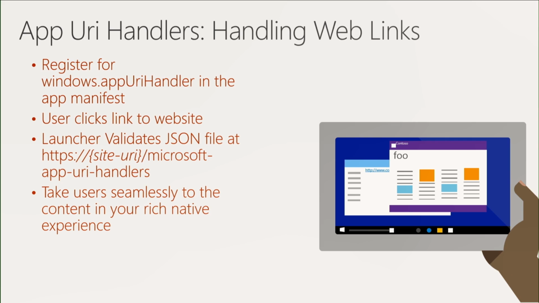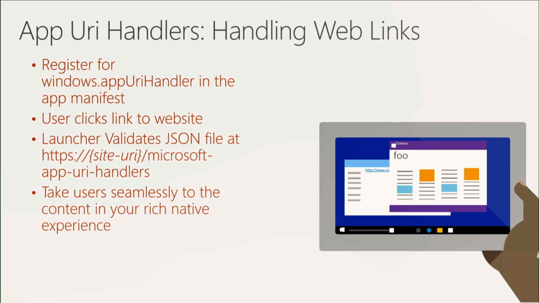What we've built into Windows 10 is that when the user launches a URI in some way, that URI indicates some kind of identity in the cloud. The launcher will first go and look for this Microsoft-app-uri-handlers.json file at that URI, and if it's there, it will redirect to the app rather than going to the website. But you've got graceful fallback.